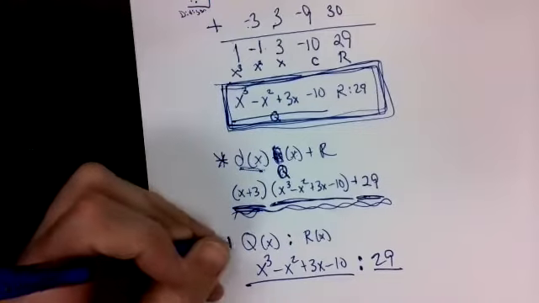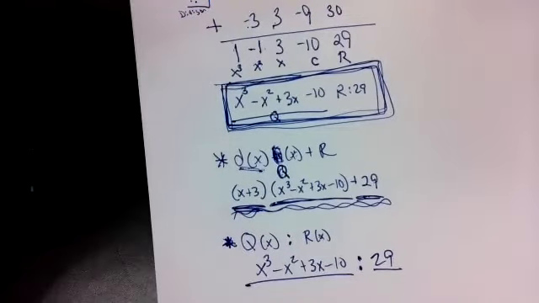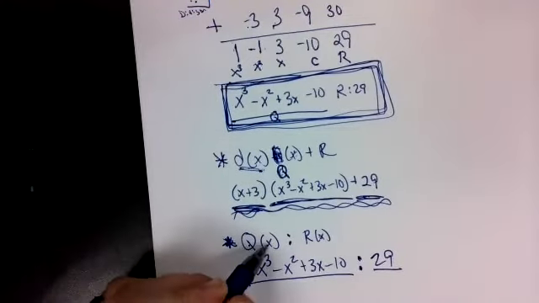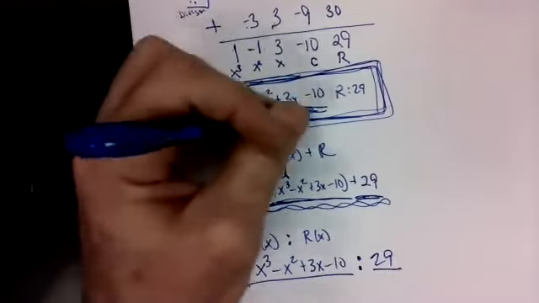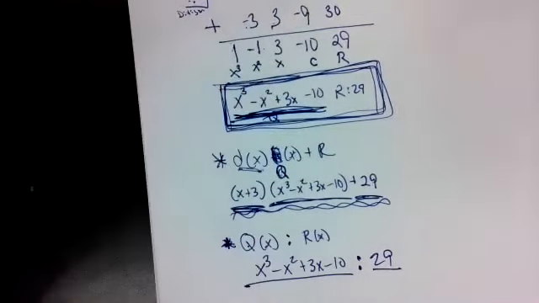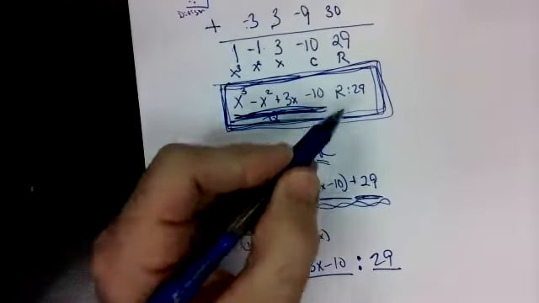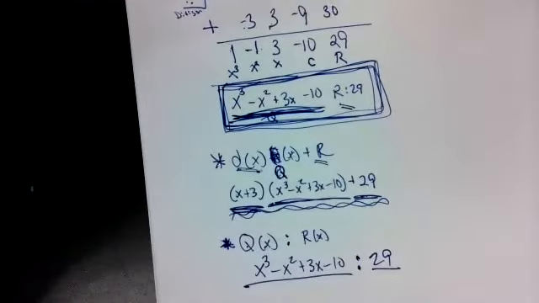So if you see either of these things within MyMathLab, just remember the Q part always refers to the polynomial-ish part of the answer. And anytime you see that R, that's simply referring to the remainder, if there is one.